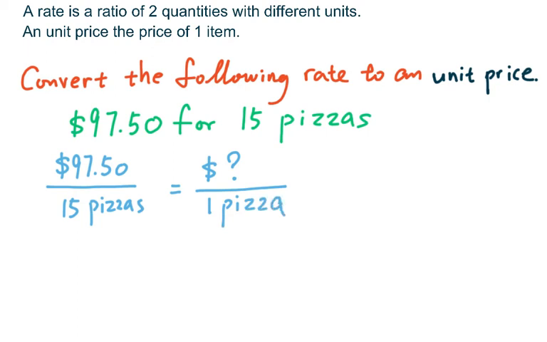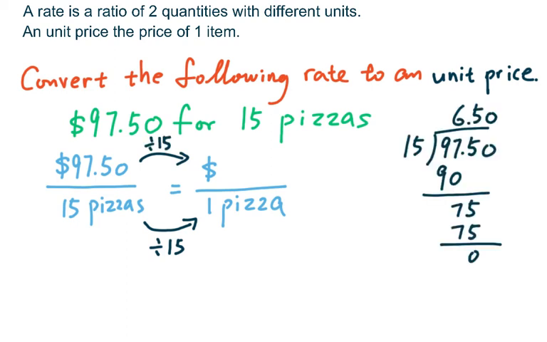Again, we are going to observe the bottom first. So if you look at the denominators, you see that to get from 15 to 1, we divide 15 by 15. And we are going to do the same for the top. The long division on the right side shows that 97.50 divided by 15 equals 6.50.